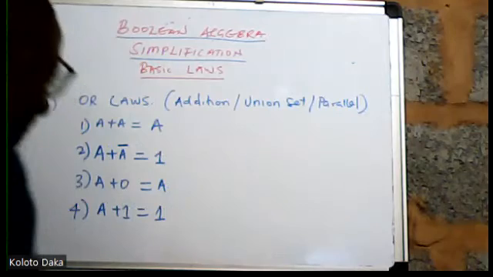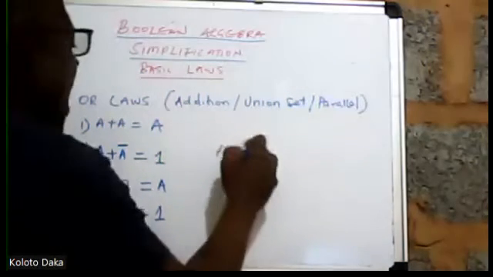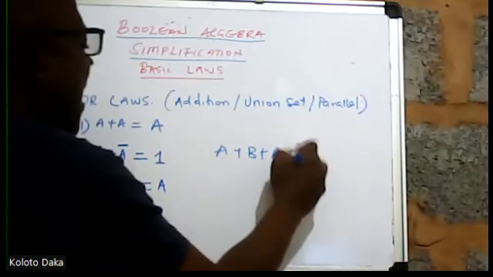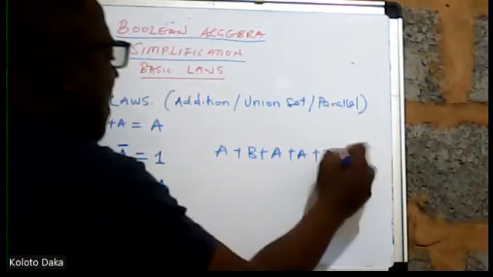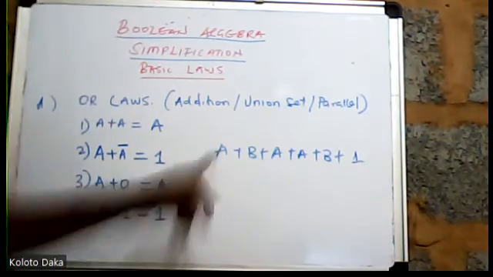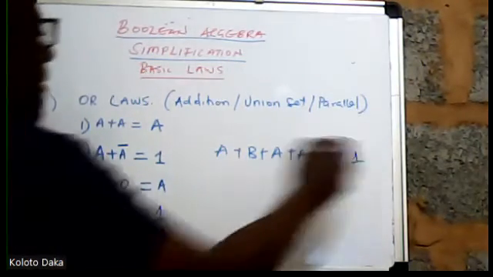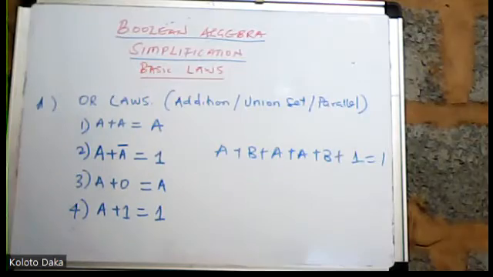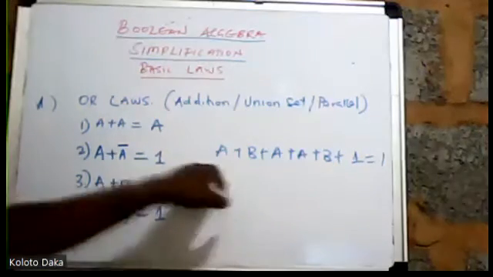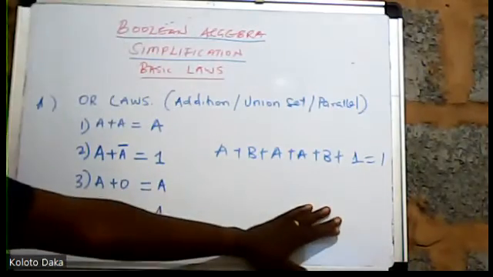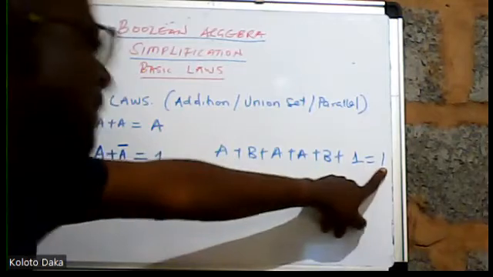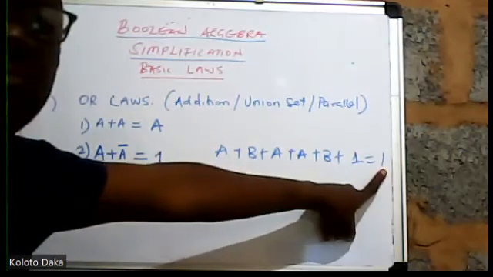You can even have A plus B plus A plus A plus B plus 1. As long as there is a 1 here, the answer will be equal to 1. Why? Because all these switches are in parallel, and you again make them parallel to 1.